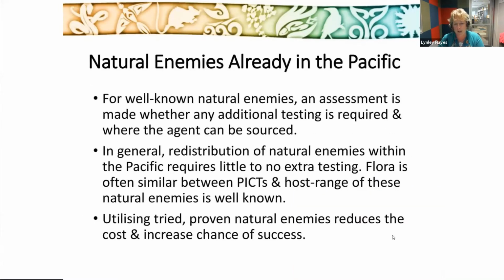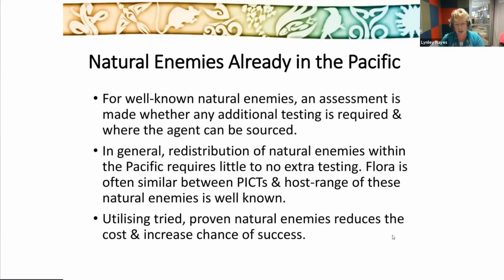We have a bit of an advantage here, which we discussed in the first session. There are actually a lot of natural enemies that are already in the Pacific, that are in some countries but not in others, that could be shared more widely. These are very well known natural enemies, and a lot of testing has already been done.